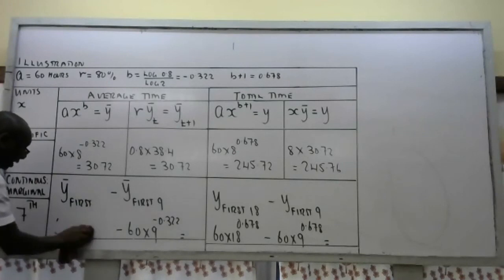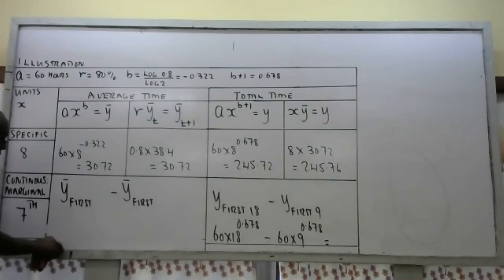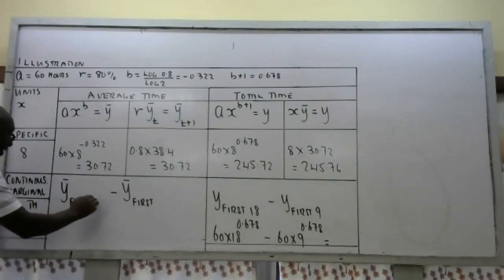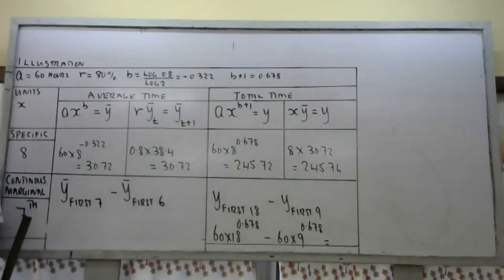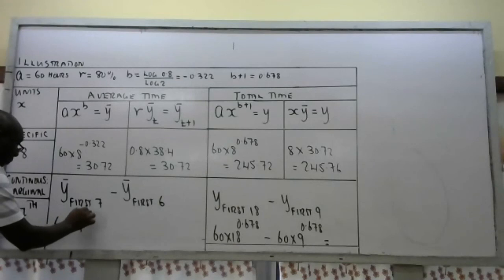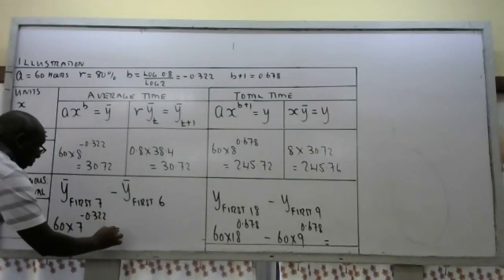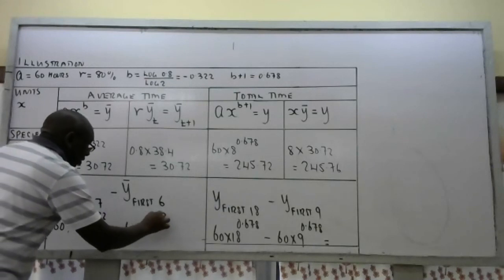So now this one you will argue this way. It is just the same thing as the other one. In the argument, you would say, for the 7th, it is y for the first 7 minus y for the first 6. So then this would be 60 times 7 raised to power minus 0.322, you minus 60 times 6 raised to power minus 0.322.